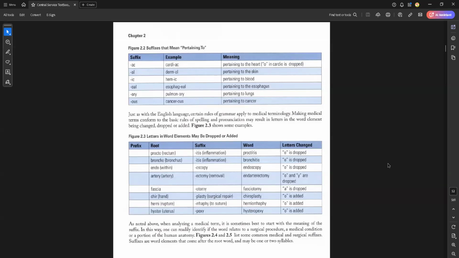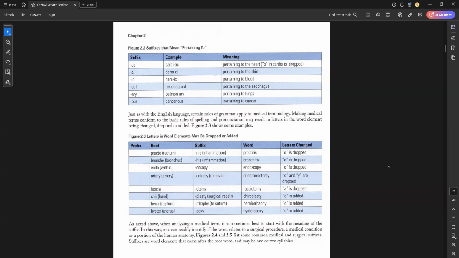Look at the meaning: pertaining to the heart. O in cardio is dropped. So sometimes, for the sake of pronunciation and writing, a vowel, we call it the combining vowel, is dropped. This is a very good example: cardio, the O is dropped, and it becomes cardiac.